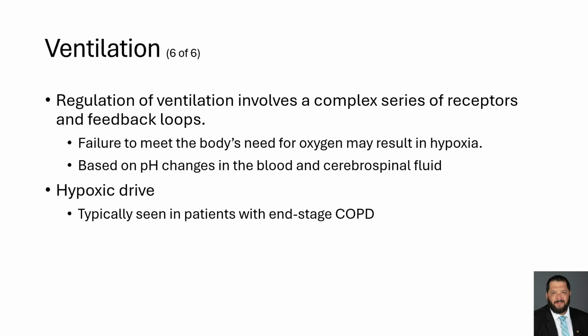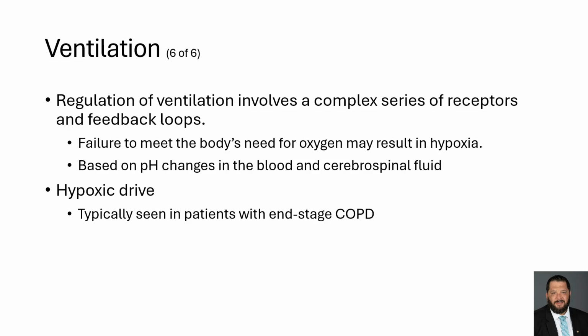Regulation of ventilation involves a complex series of receptors and feedback loops. In the normal, healthy patient, this process is governed by the pH of the blood and cerebrospinal fluid. During normal ventilation, the pH is maintained, and if that pH changes, the body will send a signal to the brain, and the brain will adjust the respiratory rate and tidal volume to compensate appropriately.